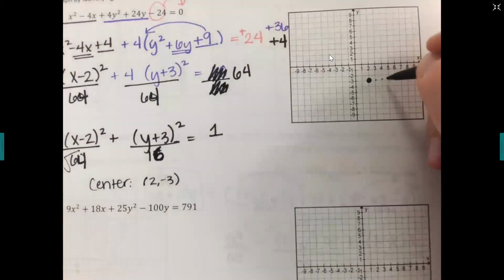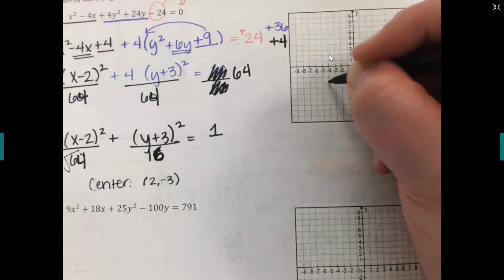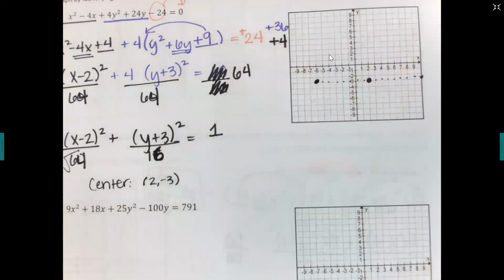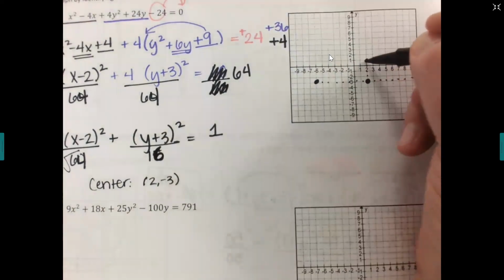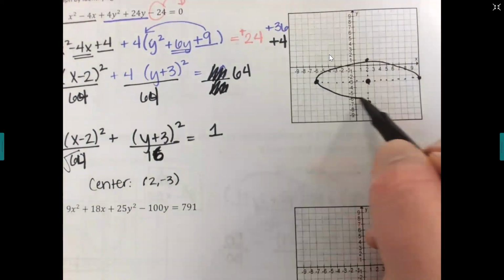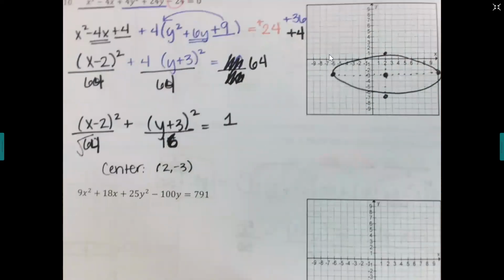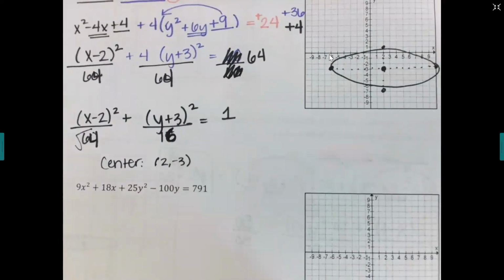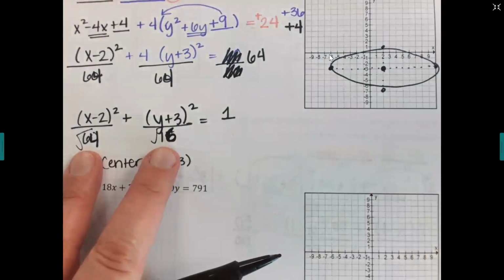So I'll go 1, 2, 3, 4, 5, 6, 7, 8 in each direction. And then I'll go up and down the square root of the number under y. So if it's a 16, I'll go 1, 2, 3, 4. For your homework, all of these numbers on the bottom should come out to be perfect squares that you can square root.